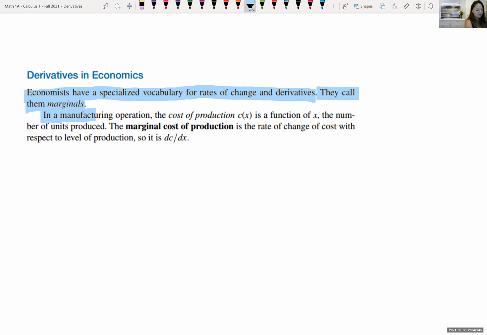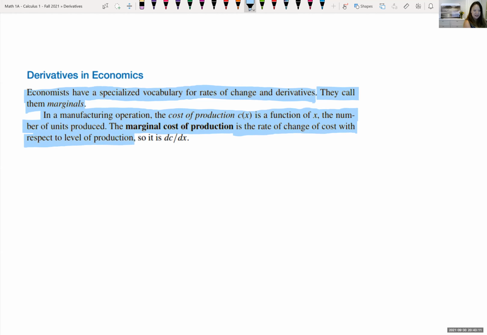So in a manufacturing operation, the cost of production, C of x, is a function of x, the number of units being produced. If they say the marginal cost, this is the rate of change of the cost with respect to the level of production.